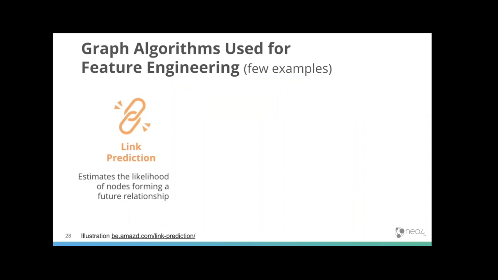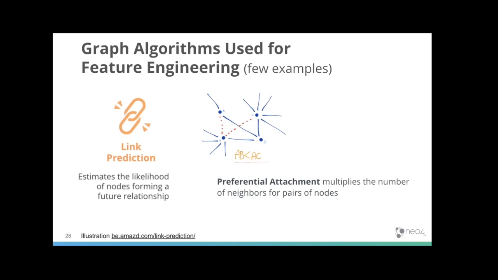And then you would go into the actual feature engineering. For us, we played around with several different algorithms. I'm going to show you just a couple of them that we ended up using. Link prediction, as Jennifer said, looks at how likely something is to form a relationship in the future based on how structurally close it is. One of the algorithms we use is called preferential attachment, and that multiplies the number of neighbors between pairs of nodes.